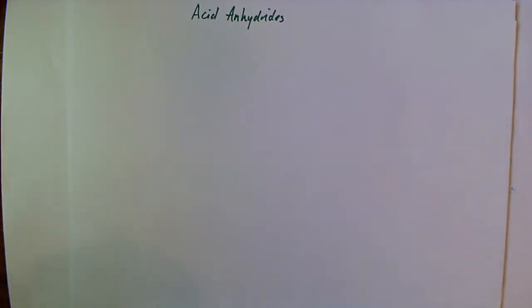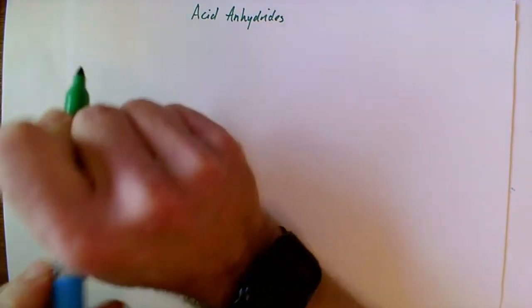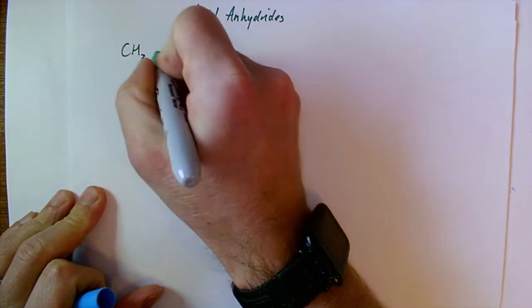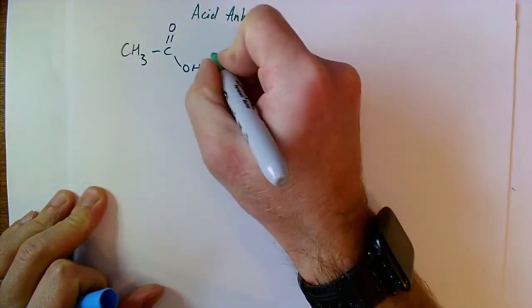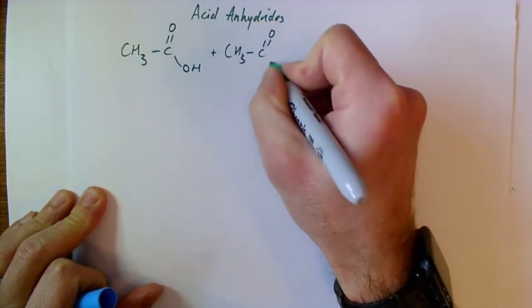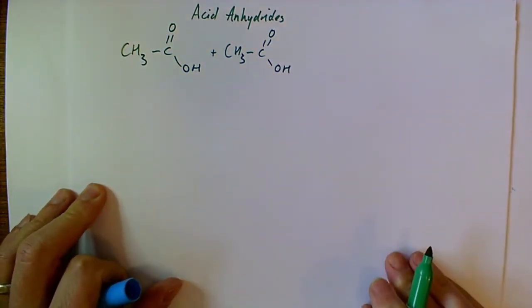Okay, so structure-wise, think about where the acid anhydrides come from. As the name implies, it comes from some acids. So let's say I've got some ethanoic acid. So two identical acid molecules.